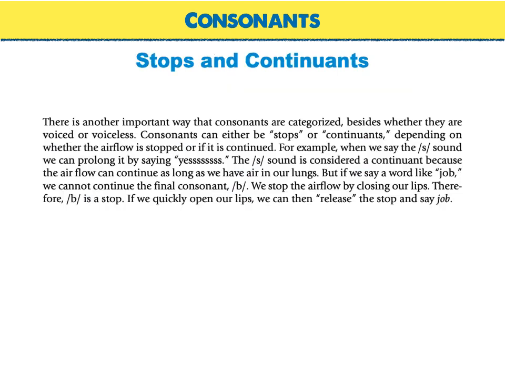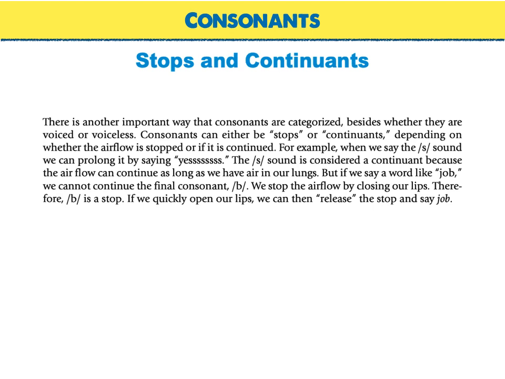Stops and continuants. There is another important way the consonants are categorized besides whether they're voiced or voiceless. Consonants can either be stops or continuants, depending on whether the airflow is stopped or continued. For example, when we say the S sound, we can prolong it by saying yes.